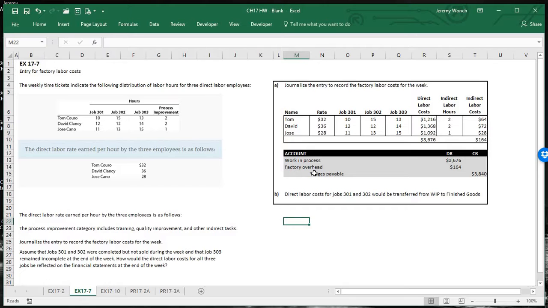Unless it's pure coincidence, those numbers aren't going to equal out, and there's going to be either a credit balance or a debit balance in factory overhead at the end of the period. We'll then make an adjustment to true that up, because our estimate was just a little bit off. But we'll get into that a little bit later. I just wanted to touch on the nuance of factory overhead.